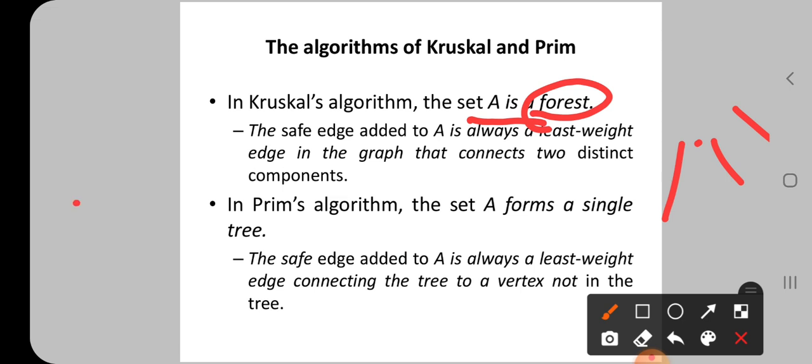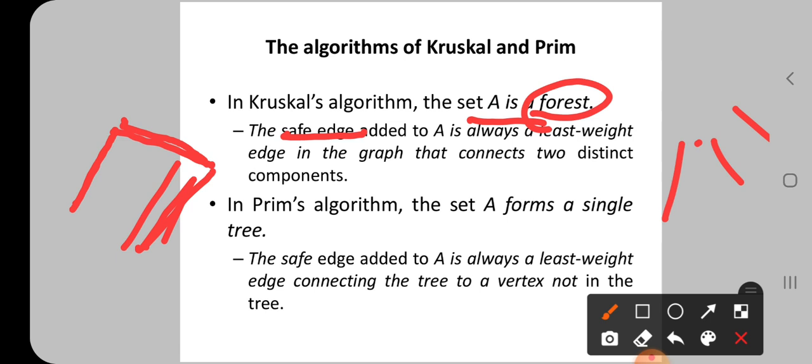Suppose this is a forest and there are two components. Then we connect these components. We check whether there is a minimum weighted edge. If there is, then we connect these two components. And a safe edge means it does not form a cycle.